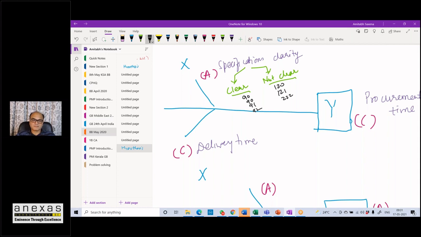Looking at this data, it appears that specifications clarity is affecting the procurement time. And what I would do is I would make a box plot. That's what I did. Here there's a time, and then clear, not clear.